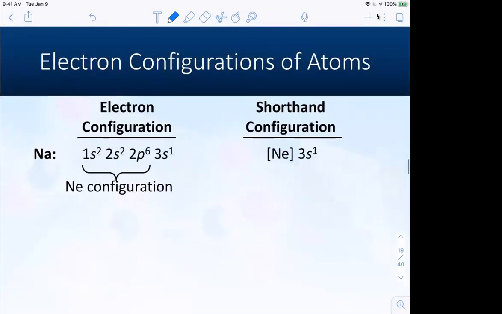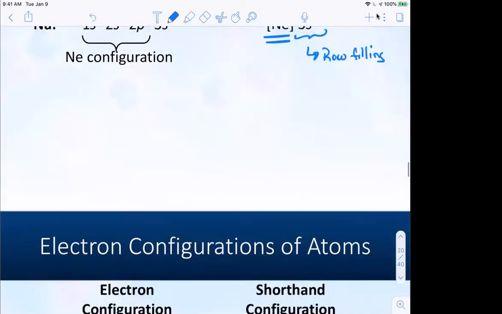So in order to make the sodium electron configuration and designate that in a shorthand configuration, I'm going to use the noble gas configuration in a bracket, and then this is going to be the row that's actually filling after I get past that noble gas that's indicated. So this shorthand configuration states I have the electron configuration of neon and I have 3s1.